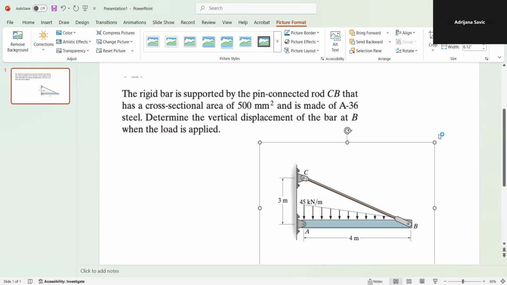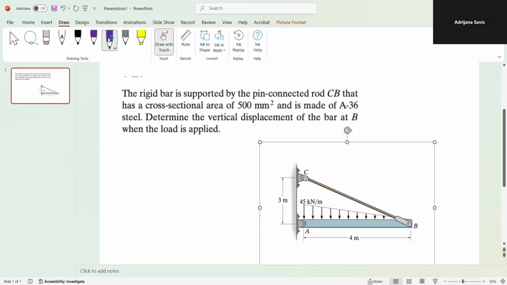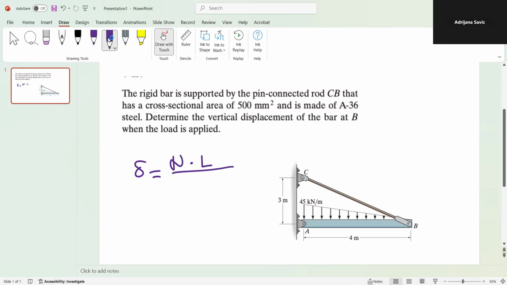This is something you have in Mechanics of Materials, I think chapter number 4, the chapter which covered displacement, and you probably know that your equation is delta equals N times L over modulus of elasticity times area.